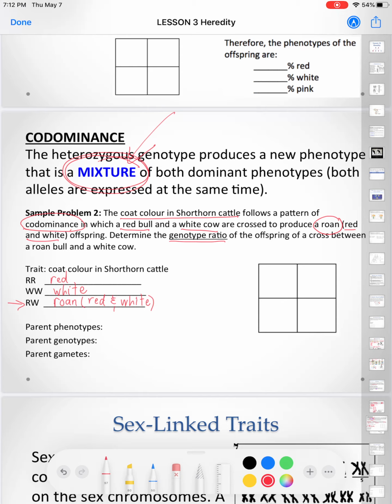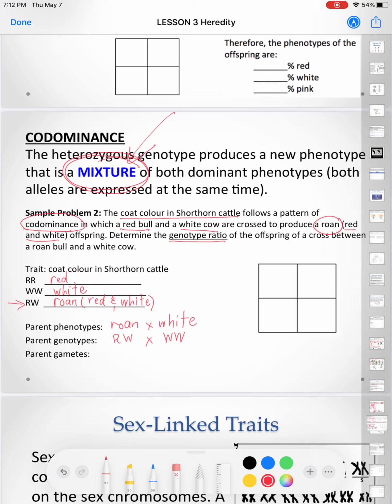So the question now is going to ask us for the genotype ratio. So now we want genotypes, not phenotypes like the last question, of a cross between a roan bull, oh, that's heterozygous, and a white cow. So this roan bull is the heterozygous individual. So we have to put in that heterozygous combination, codominance, and the white cow.